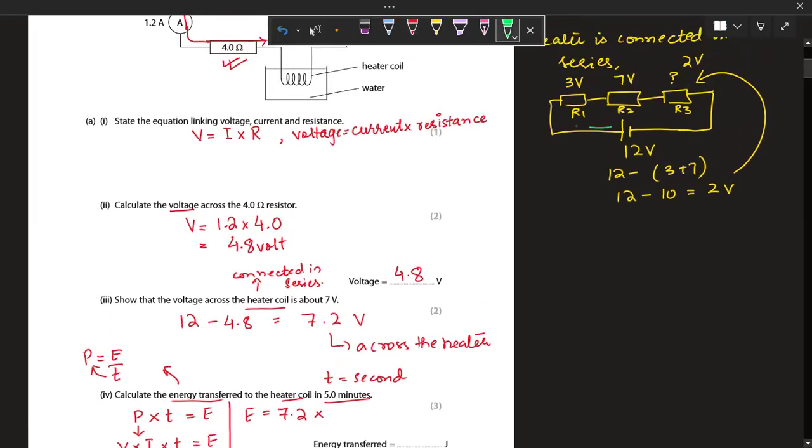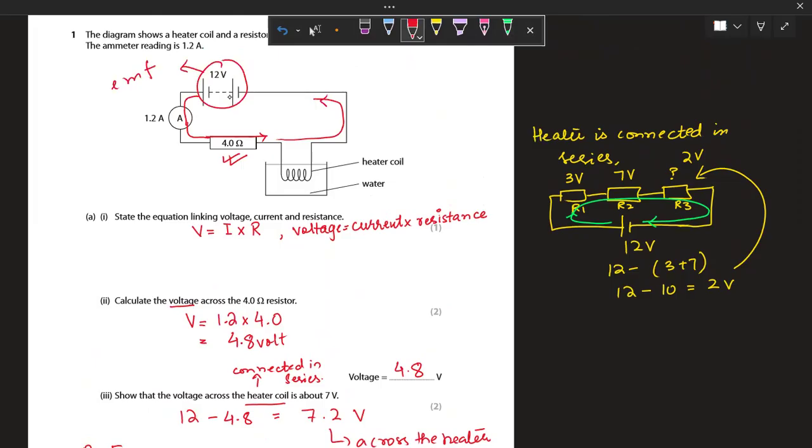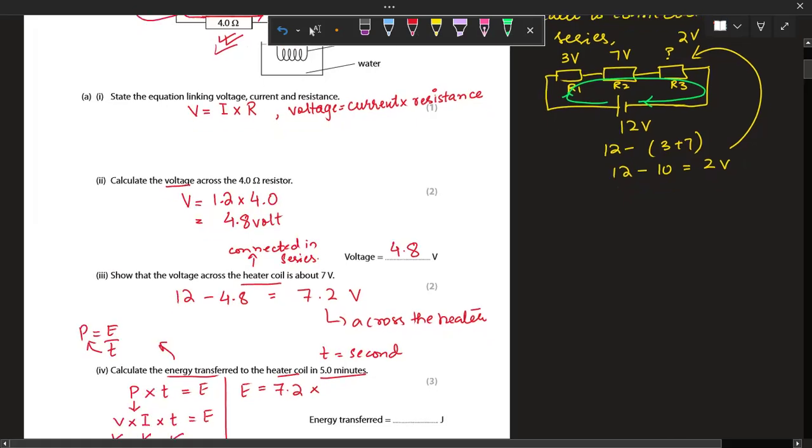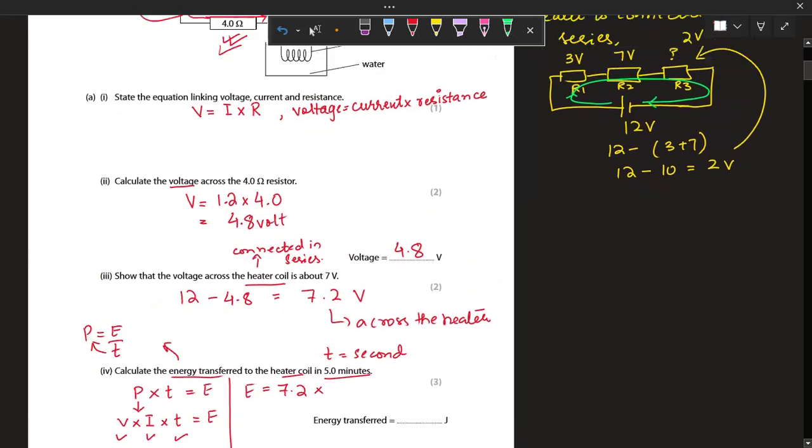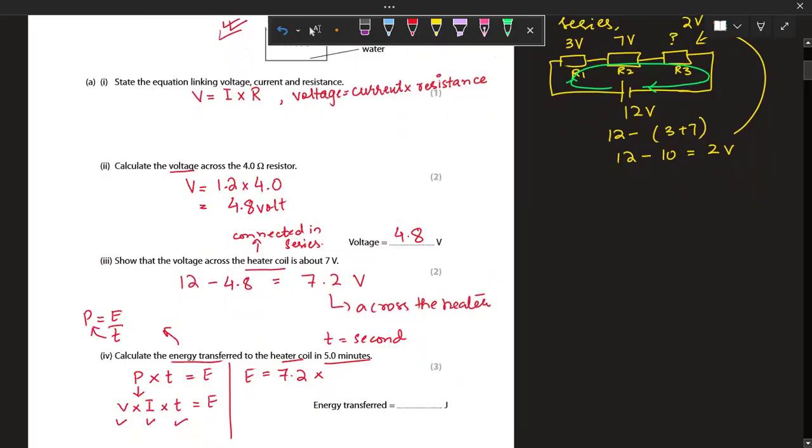Since we know that in series current remains the same, and current does not have any other path to split up, the same amount of current flows through each component. Whatever current the ammeter shows will flow through the 4 ohm resistor and through the heater coil as well. So the current through the heater coil is 1.2 ampere.